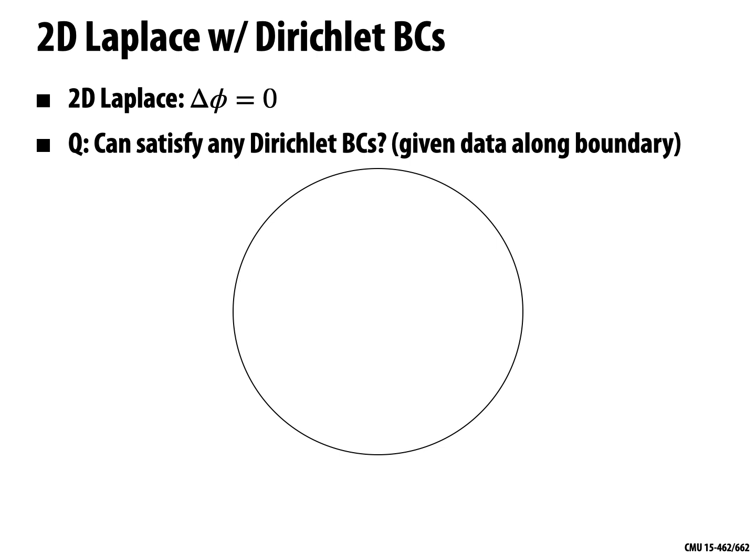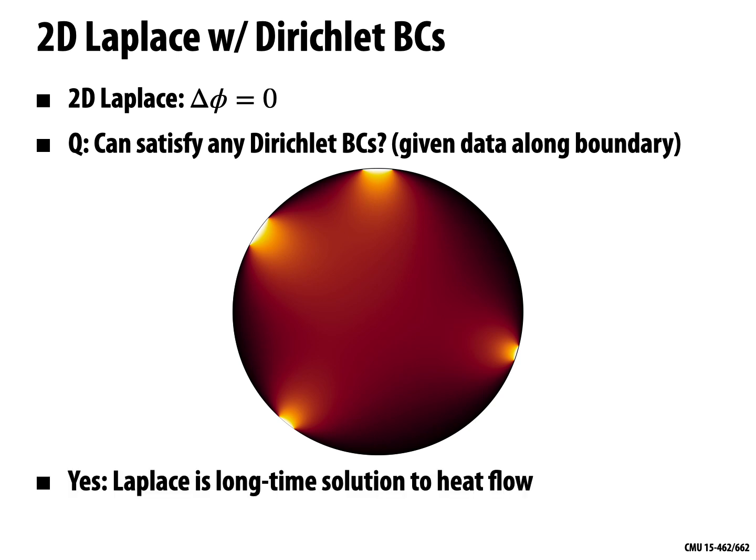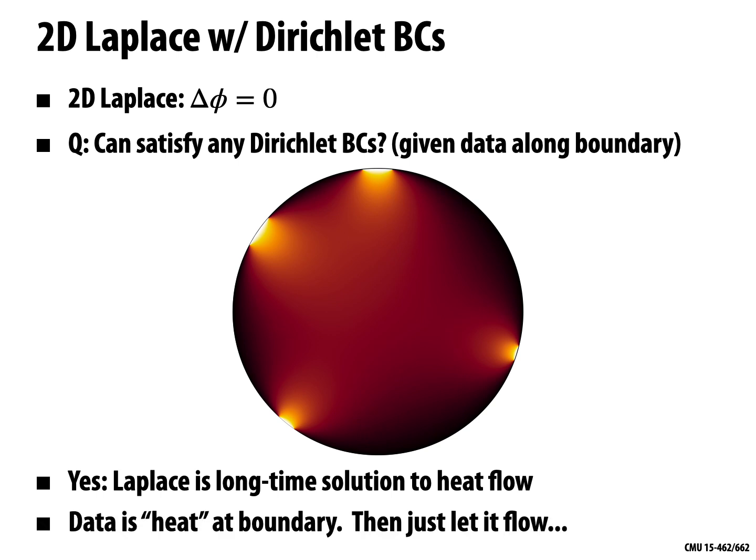Well, I claim that the answer is yes. Here, for instance, I've put some hot values, some cold values, and interpolated them to the interior. Why do I claim that this will always work out? Because I can think of this solution as the solution to a long-term heat flow. I can really think of this as a physical metal plate with heat on the boundary. And if I just let this heat flow for a long enough time, I'll reach a steady state.